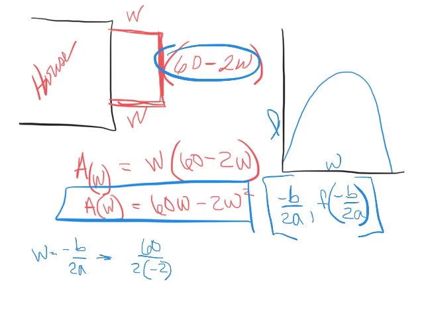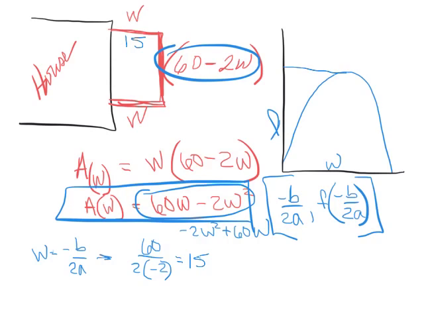Because we're going to switch these around so that they're in the right order: negative 2W squared plus 60W, because this number here represents the a, and this number here represents the b. Notice there's no c. So that gives me as an answer 15. So the width is 15 at the most area.